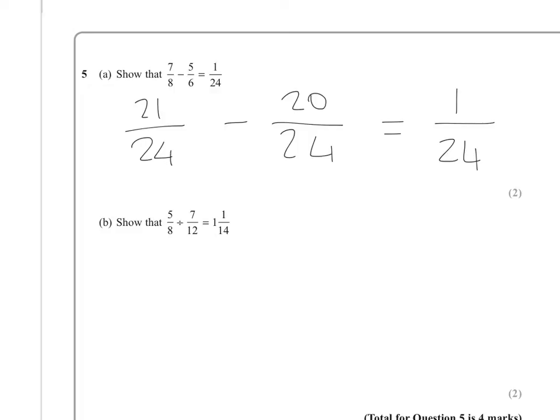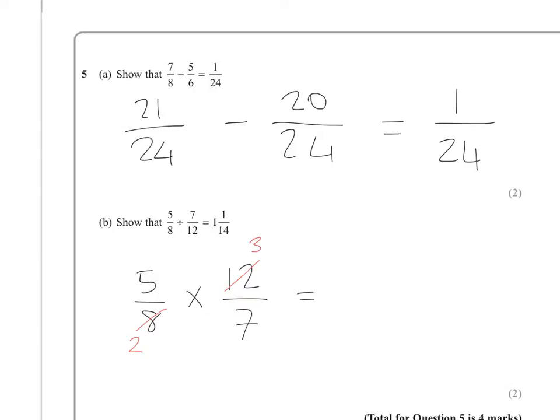Part B. In fraction division, our method is to change the sign to a times and flip the second fraction. Then it's probably easiest to look to see whether we can cancel anything diagonally. 4 goes into 8 twice. 4 goes into 12 3 times.